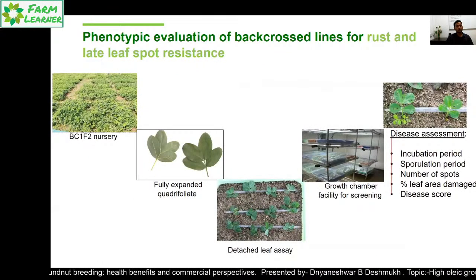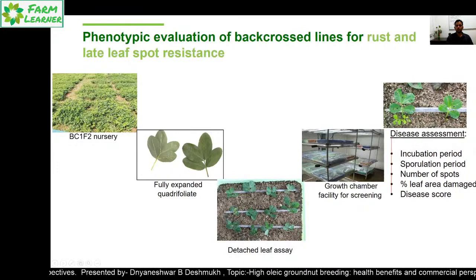So, as I said, the field evaluation of the breeding lines was done in the field. At the same time, we used the detached leaf technique, in which we took the media, made of sand and vermiculite, and quarter-folded leaf tissues were put into the media.